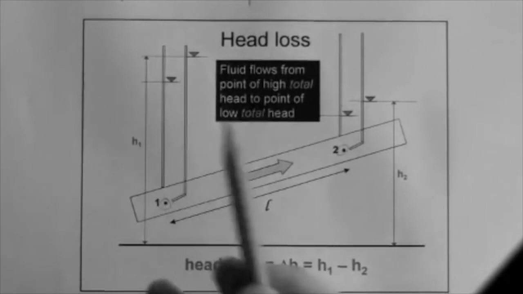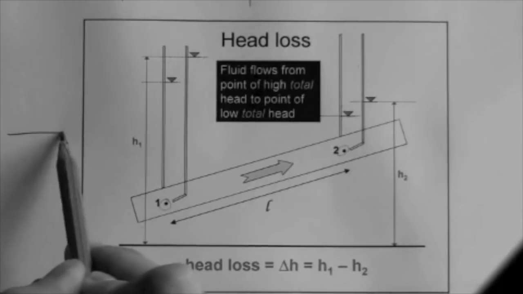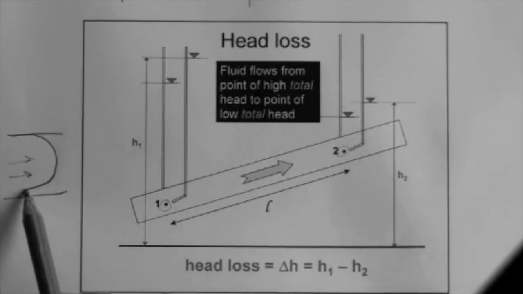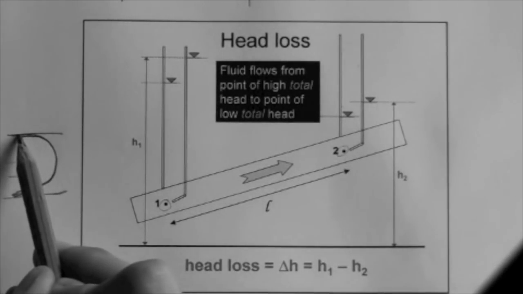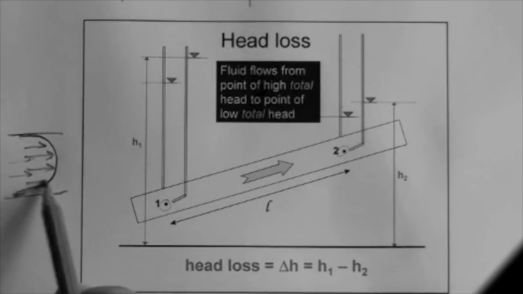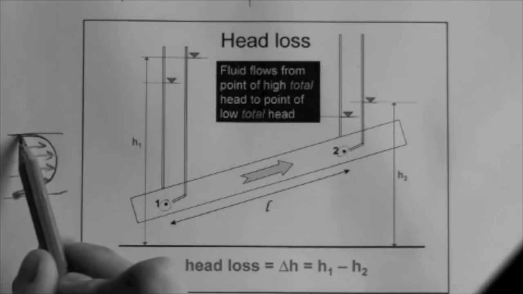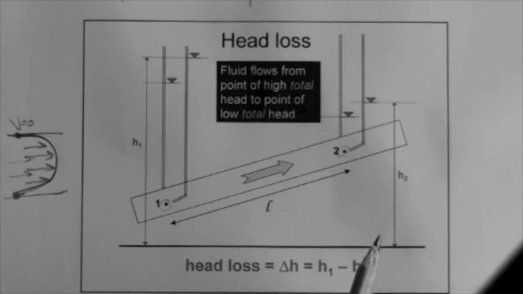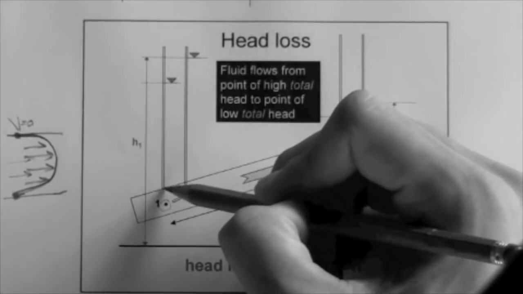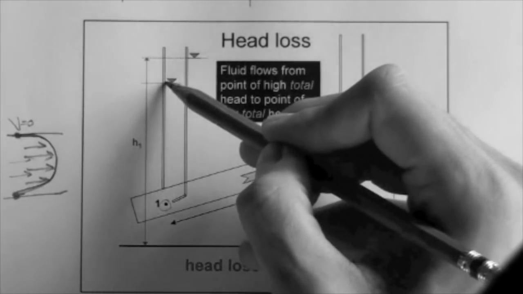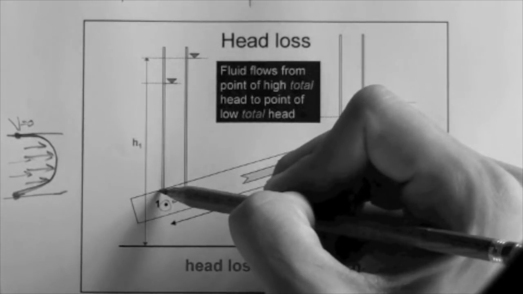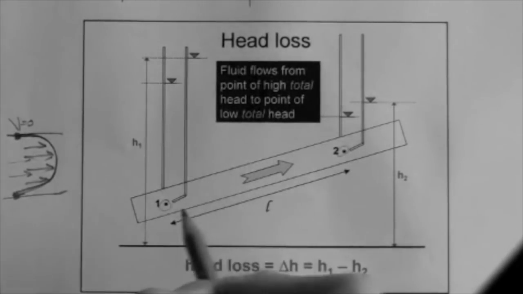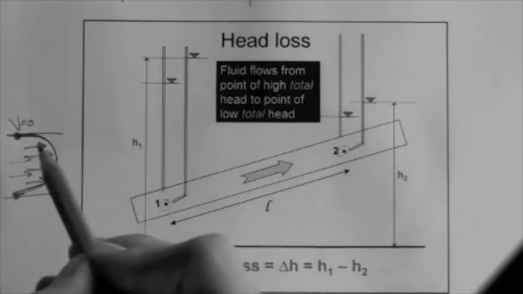Well, you know that if you have a tube and there's flow, the velocity distribution is parabolic, right? The velocity of the fluid at boundaries is 0, right? So the level of water inside this piezometer is associated to what happens at the boundary, because the piezometer ends right here at the boundary, you see?